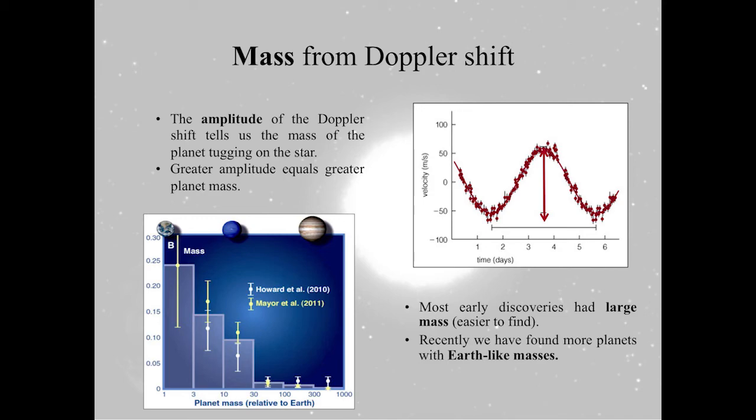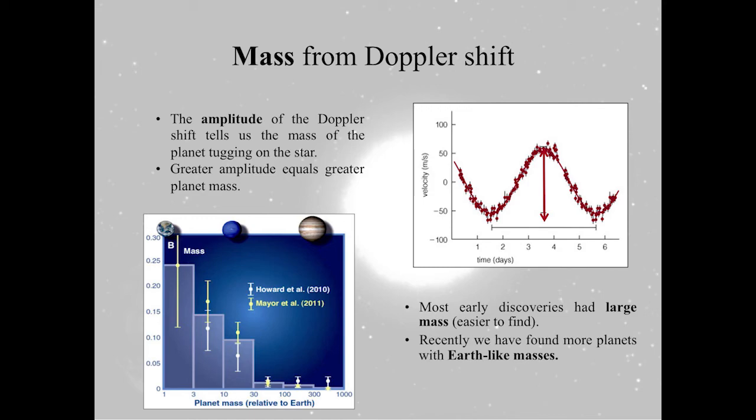But if the star's moving more, surely that means that the planet must be more massive. And we can tell that, as you notice in our top diagram, by the amplitude of the Doppler shift. In other words, is the star only moving a very small amount, its velocity changes, or is it a large velocity change? This is a clue to tell us how much the star is moving, but that's a clue to tell us how massive the planet is.